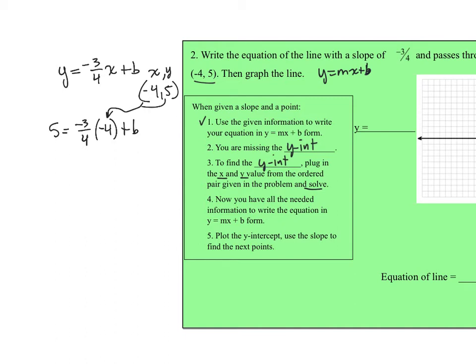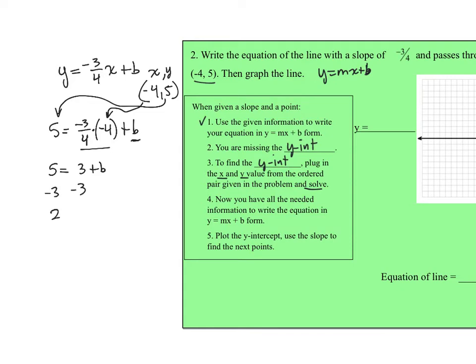That goes in there for x, that goes in there for y. Why would I do that? Well, now look what I have left: a whole bunch of numbers, and I just have b, my y-intercept. So now I can solve for that. This just becomes -3/4 times -4, and all of that just becomes 3.